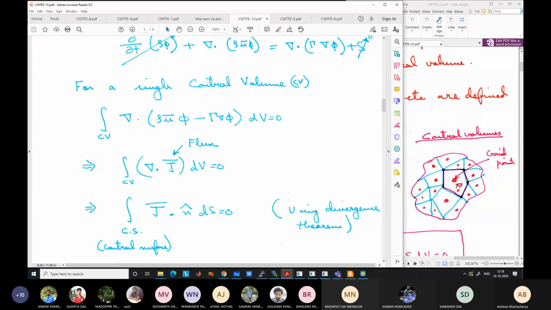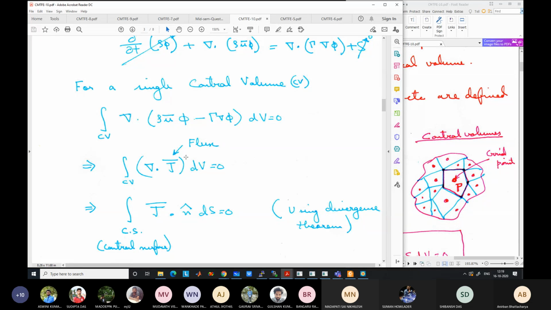Say you have some energy change that is occurring in this control volume. It should be equal to how much energy is coming from the sides of this control volume. So this integral of the flux over the control volume, which represents physically the change occurring over the entire volume, should be equal to whether any extra flux has come in or gone out from the control volume surface.